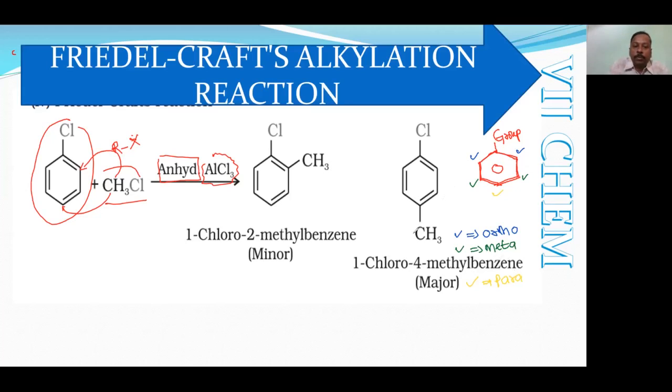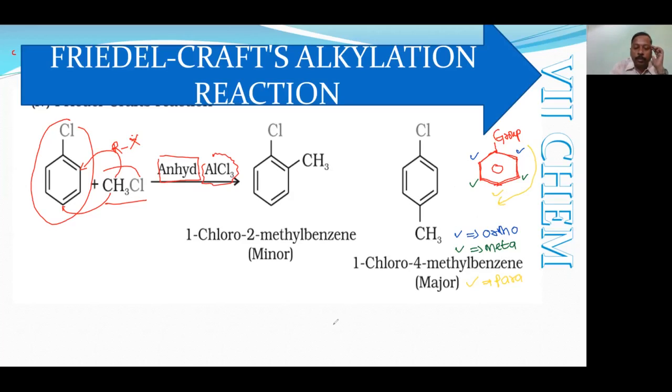So in mono-substituted benzene there are three types of active sites. The number of active sites is five, and the types of active sites are only three: two ortho, two meta, and one para. So don't forget the sequence ortho, meta, para.